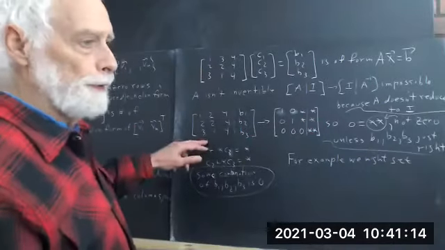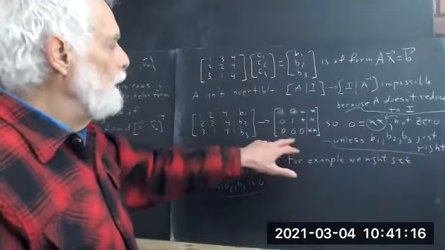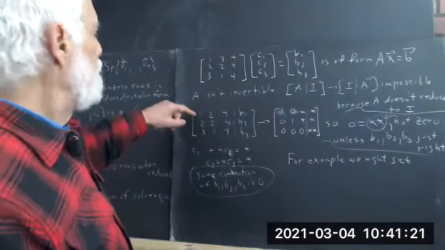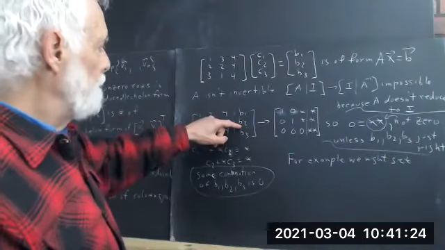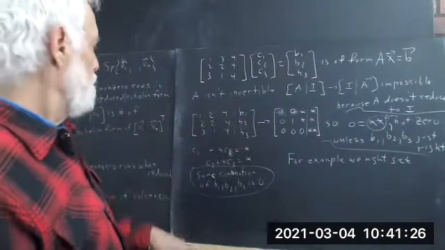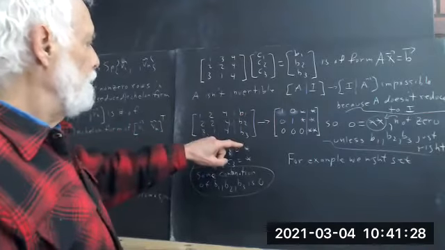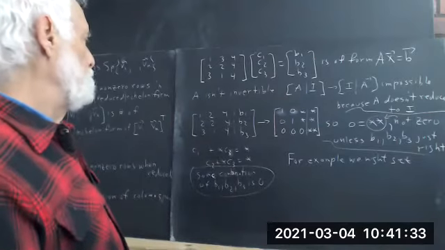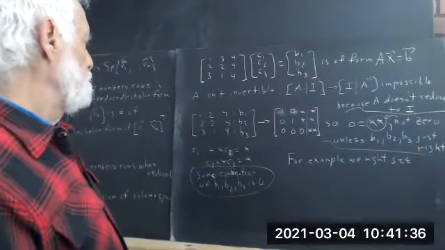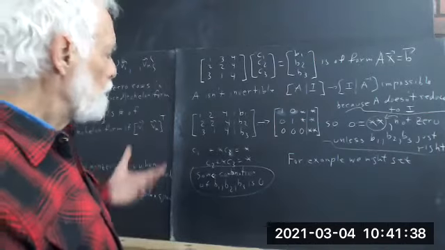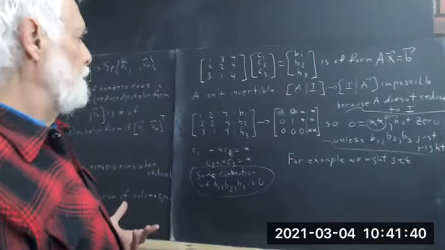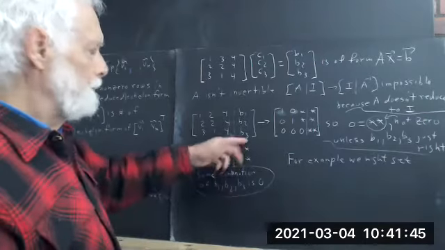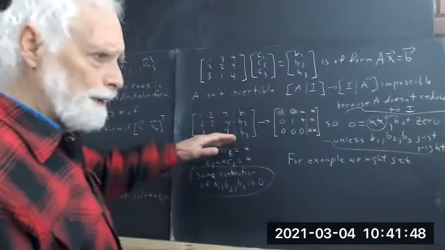You can reduce this, you can do all this, and you can find out what this combination is. In other words, when you add -2 times this to this, you're going to get B2 minus 2B1. When you add 3 times this row to this, you're going to get B3 minus 3B1. And then when you take -1/4 of that, you're going to get 0.